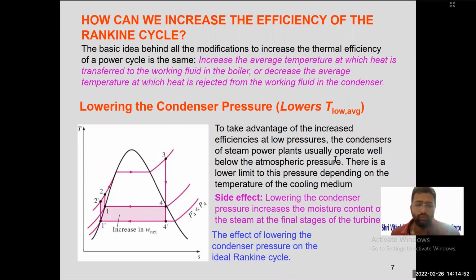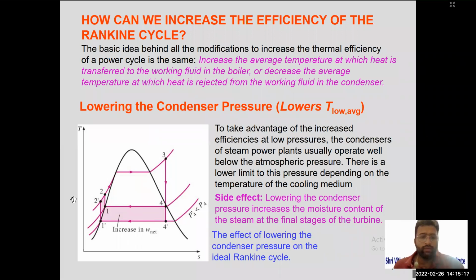Last lecture I told you the pressure in the condenser is generally about 10 kilopascal. It is below 1 atmospheric pressure. 1 atmospheric pressure is around 100 kilopascal. In the condenser, pressure is about 10 kilopascal. So there is a lower limit to this pressure depending on the temperature of cooling medium.